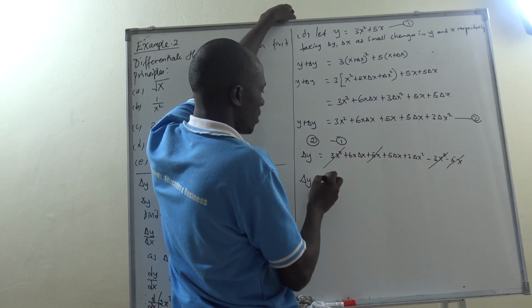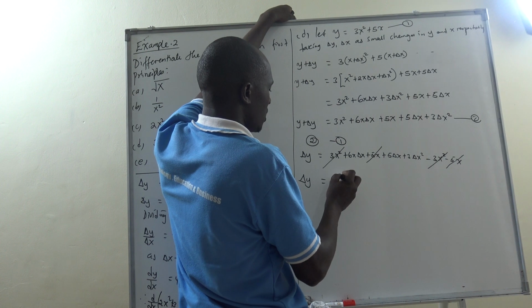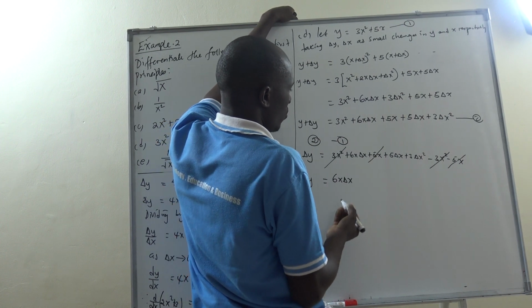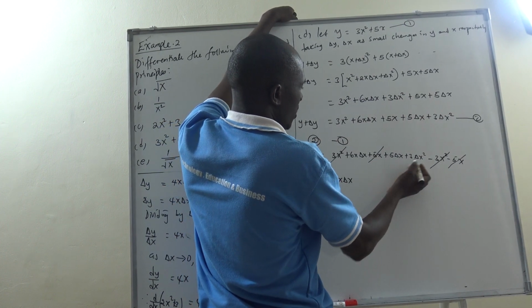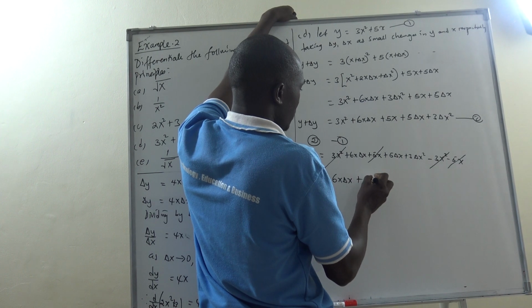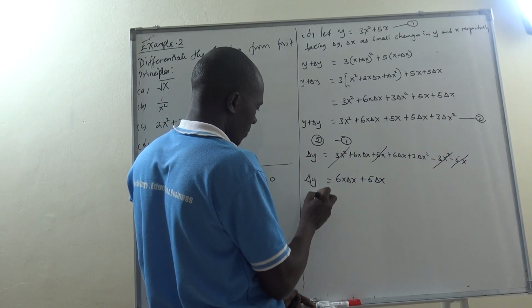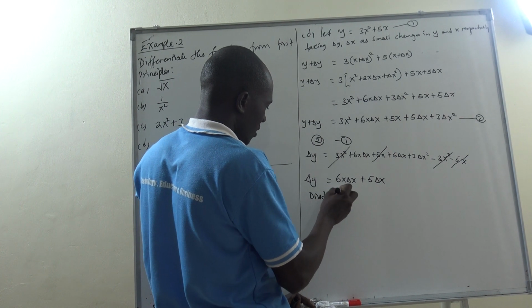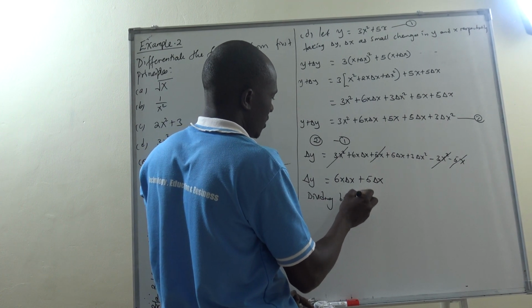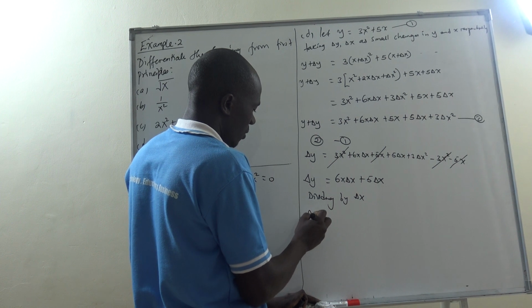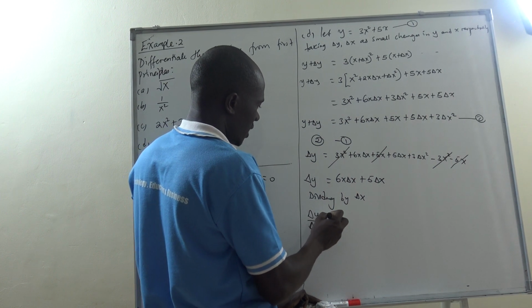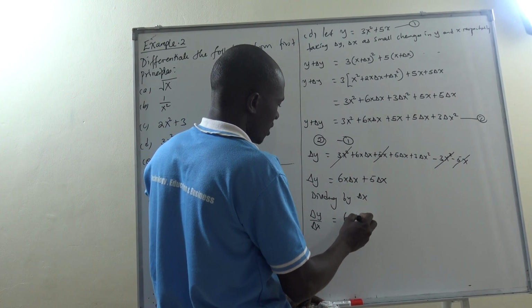We remain with delta y equals 6x delta x. We know that delta x squared is 0, we remain with 5 delta x. Then we say dividing by delta x. So we are going to remain with delta y over delta x, which is equal to 6x plus 5.